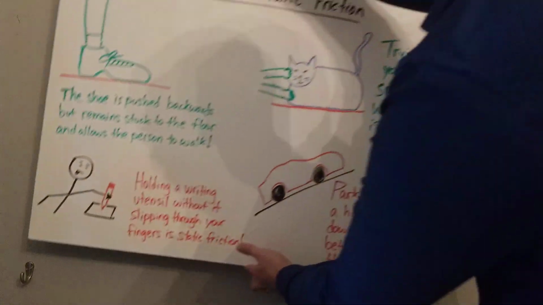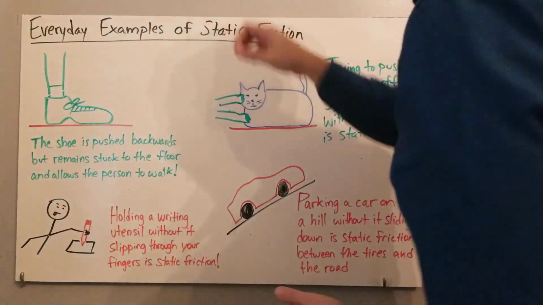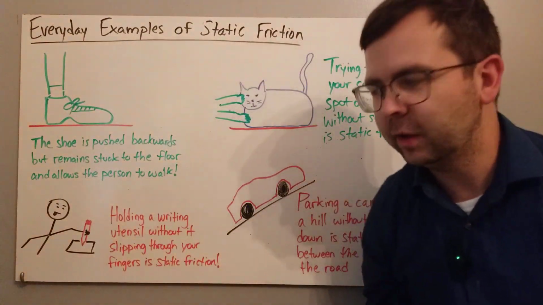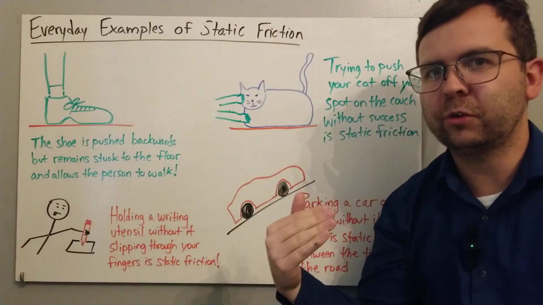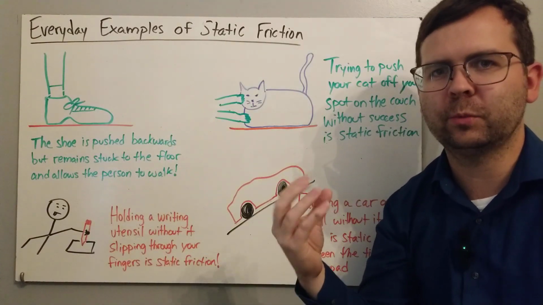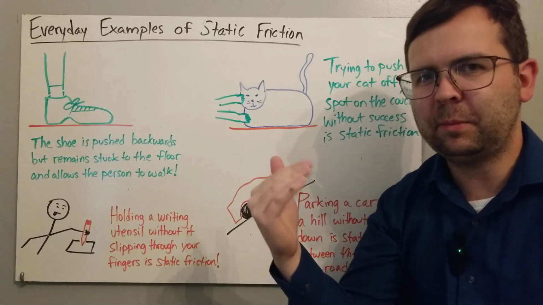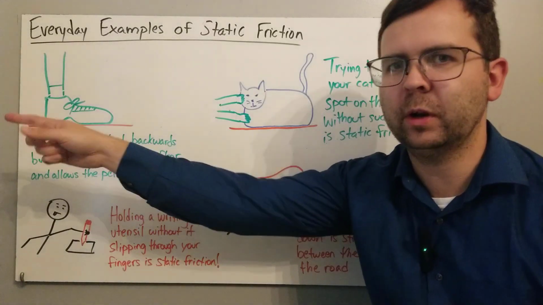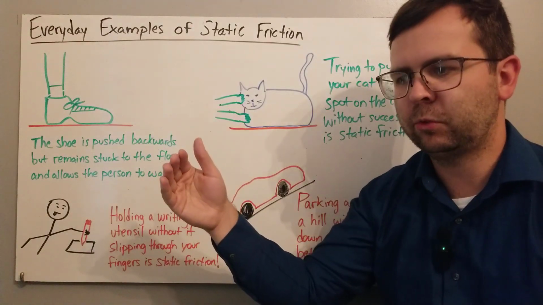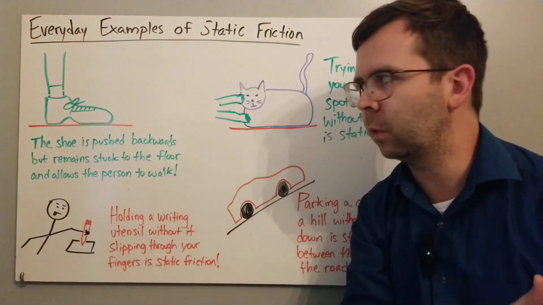So, what are some examples of static friction in our everyday world? I love these examples because it's everywhere. One example is just walking. If you're trying to walk and you have shoes on, the shoes are hopefully providing you with some stickiness. It keeps your shoe stuck to the ground. So if you push the shoe backwards in an effort to walk, you cycle your leg backwards to move forwards.